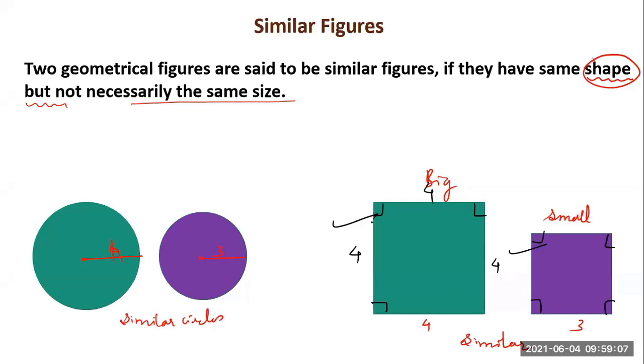For example, here this big square's sides are 4 centimeters and the small square's sides are 3 centimeters. If you write all the sides ratio, then it will become 4 by 3 equal to 4 by 3 equal to 4 by 3 equal to 4 by 3. Correct? Yes, sir. Their sides ratio is the same. It can be 3 by 4 also.